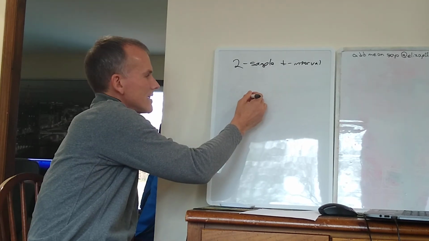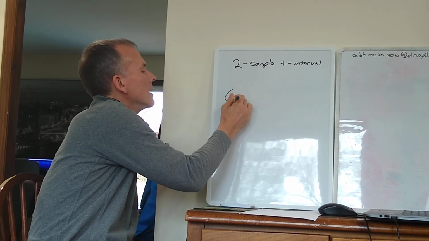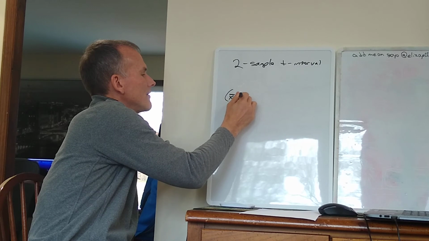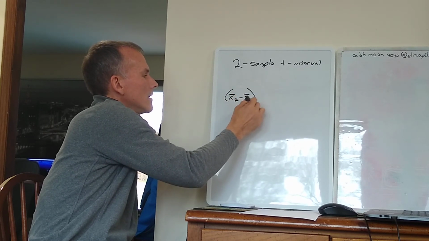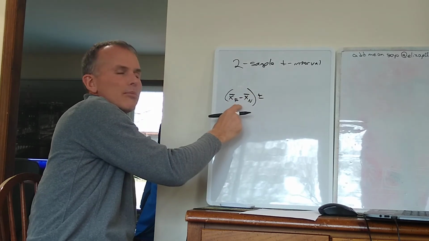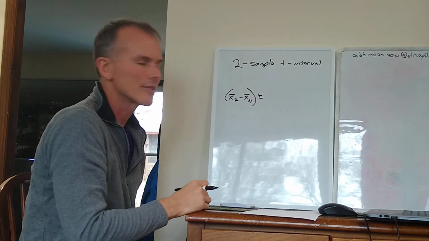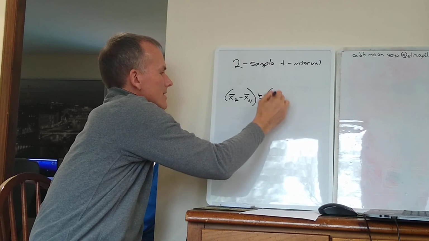So it goes like this: X bar sub F minus X bar sub N plus or minus T critical value times the standard deviation of the test statistic. Okay, so the first part is the point estimate of the difference between the two means.